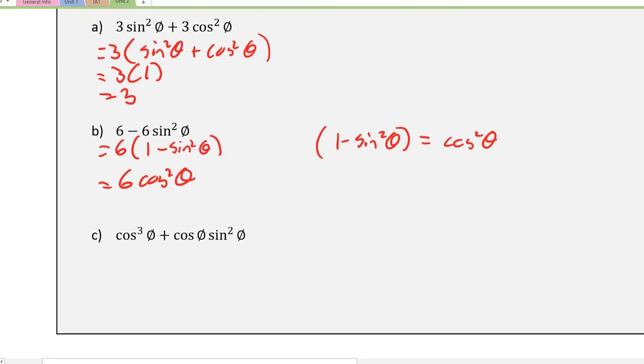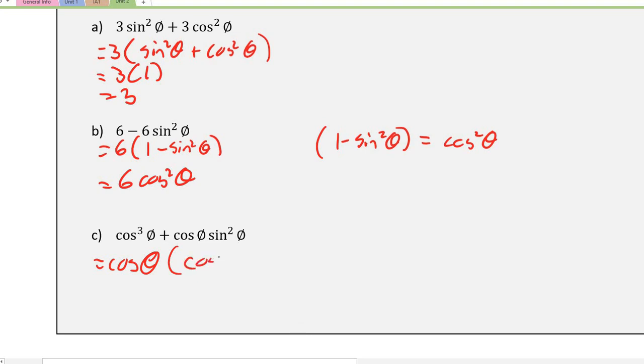Okay. This third one's a tricky one. Thoughts? How we might go about doing this one? Put sine out the front, cos out the front. So do we agree there's a common factor of cos in all of our terms there? Yep, so say equals cos theta, bracket. What's left over from cos cubed when you get cos theta?